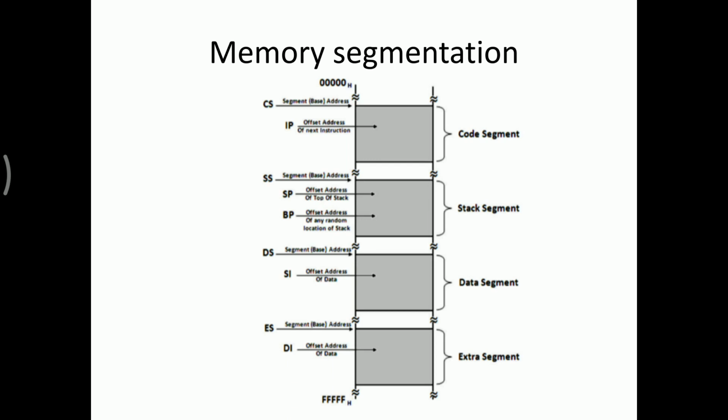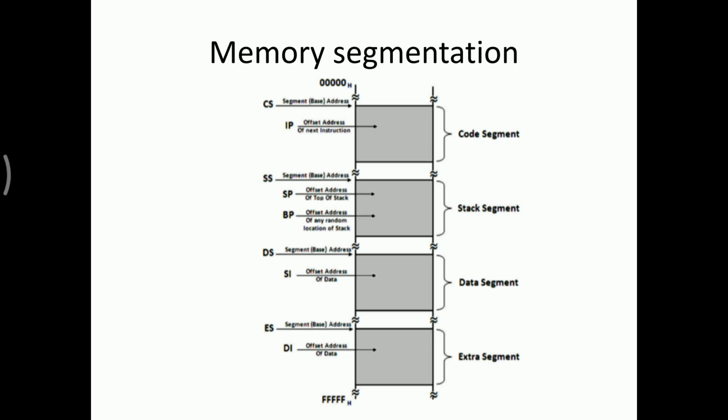Here it is the same with segments. The memory is divided into 4 segments: code, stack, data, and extra. These segments can be assumed as the chapters in a book, so we can easily retrieve the data from the memory. For that purpose, we go for segmentation.